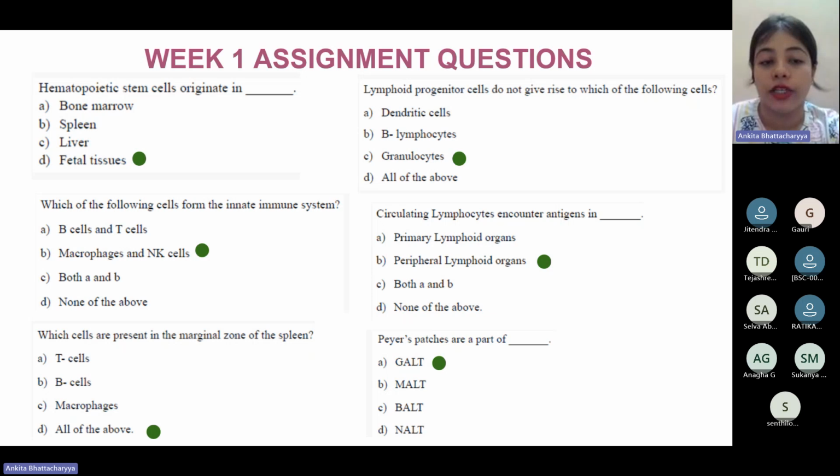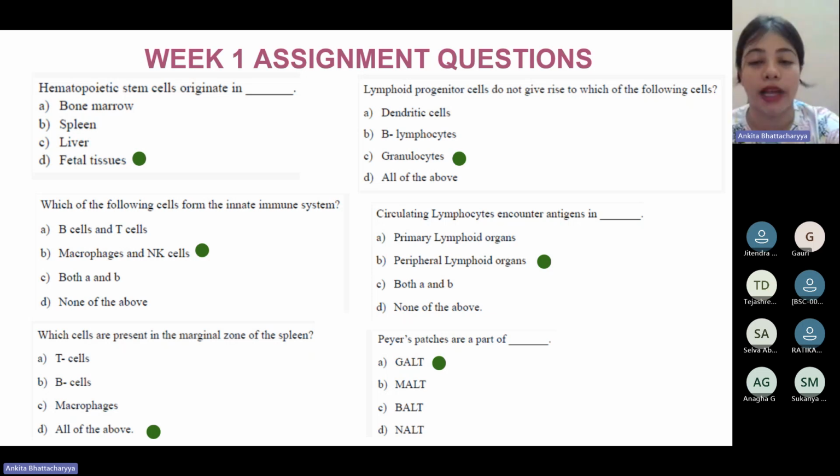In question 5, we were asked about circulating lymphocytes and where they encounter their antigens. If you remember, we had talked about the origin of lymphocytes, their maturation, and the place where a naive cell will encounter its antigen and then become clonally selected and then clonally expanded. All of these occur in different locations.